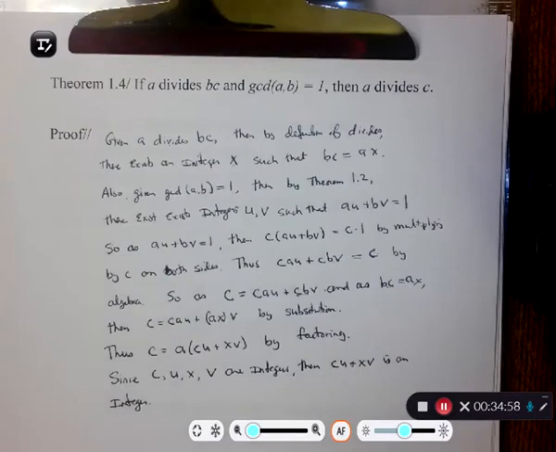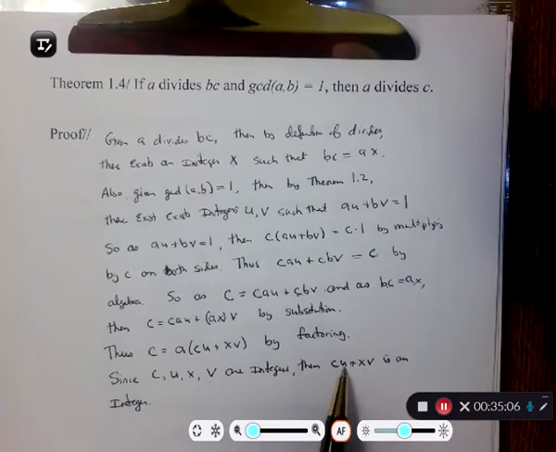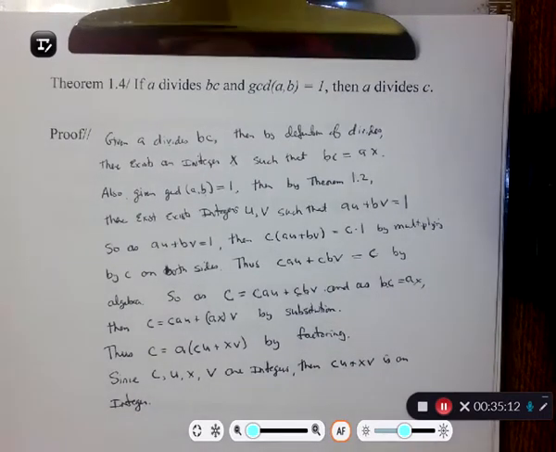Remember, the sums and products of integers is integers. That's why we like integers. The problem with integers is when you divide, but we're not dividing here. C times u, an integer times an integer is an integer. X times v is an integer plus an integer. That guy is going to be an integer. Since the parts are an integer, the whole thing's an integer.